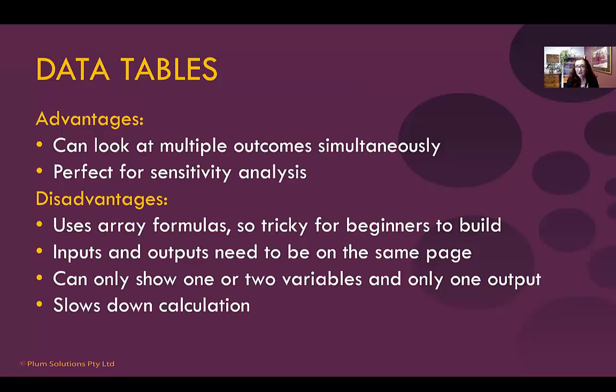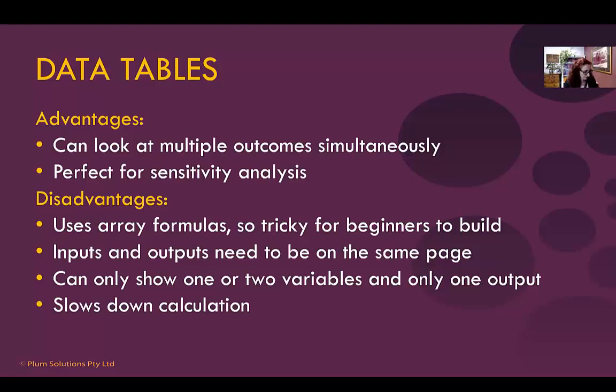But it is quite tricky. If you're fairly new to Excel or new to financial modeling, it can be quite tricky for beginners to build using data tables, or even for others to understand and take apart your model. The inputs and the outputs do need to be on the same page. You can have all of your calculations working right throughout the model, but the inputs and the outputs do need to be together.